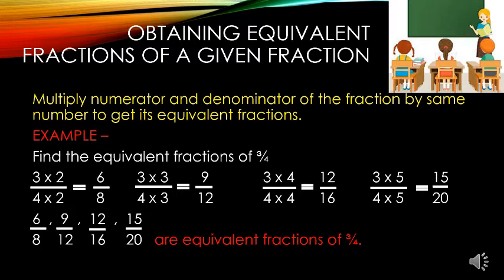When we multiply the numerator and the denominator of the fraction by the same number, we obtain an equivalent fraction. Let us solve an example to understand this better.